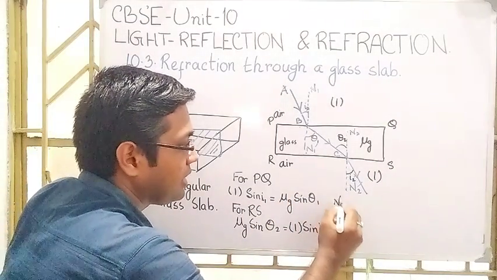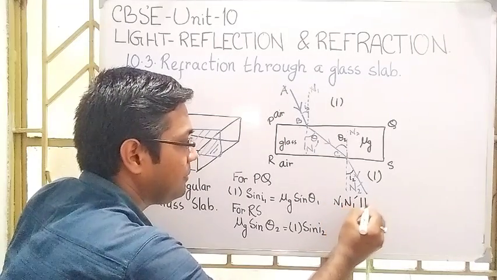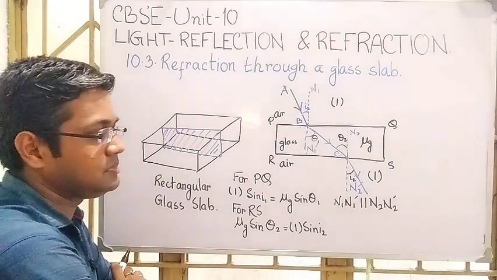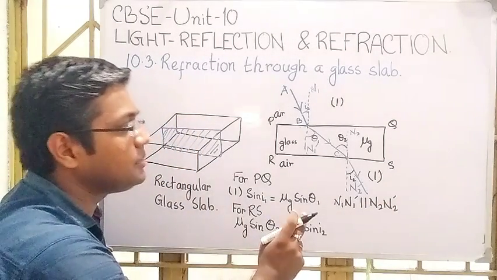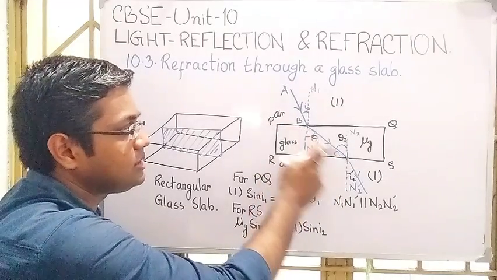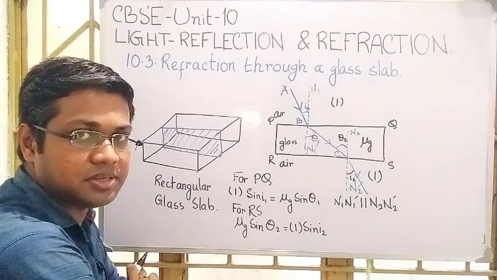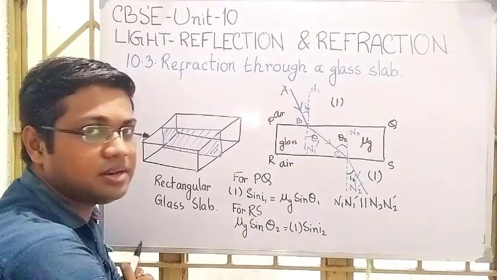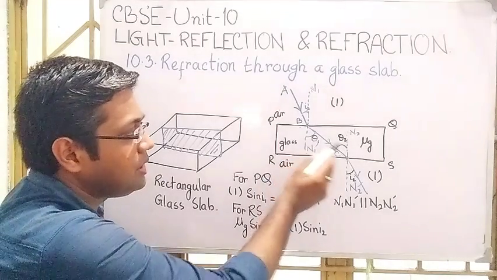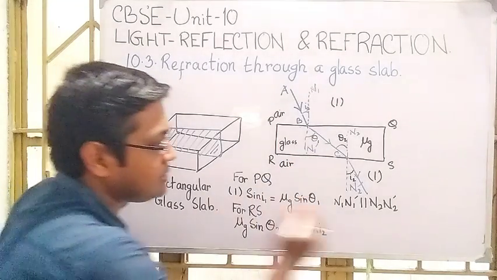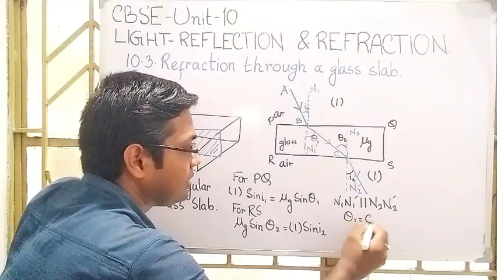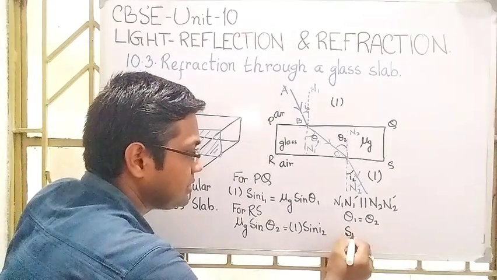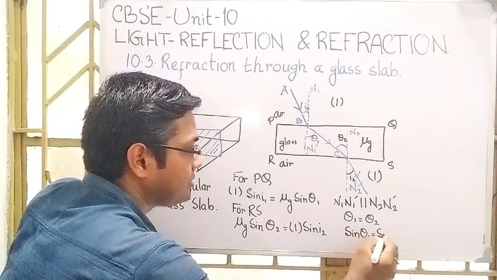So N1 prime is parallel to N2 prime. If we consider BC as the transversal, theta 1 and theta 2 are equal because they are alternate angles. So theta 1 equals theta 2, and then sin theta 1 equals sin theta 2.